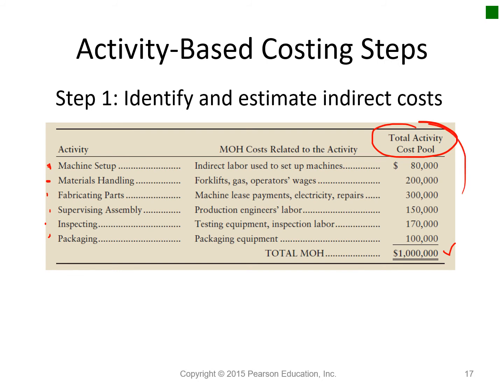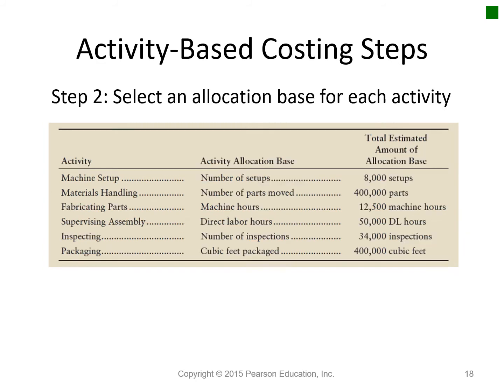Once you know this, you can start to figure out your rates. In this example, you would have 6 different overhead rates, because you have 6 different activities. You can label them 1, 2, 3, 4, 5, and 6. Notice at the top it says total estimated amount of allocation base.